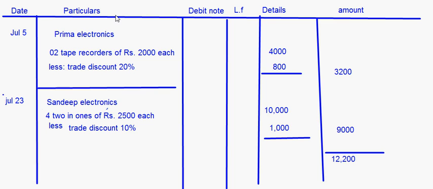So that is how we do the purchase returns book. And here the debit note number will come along with each and every purchase return. So that is all you need to understand about the purchase returns book.